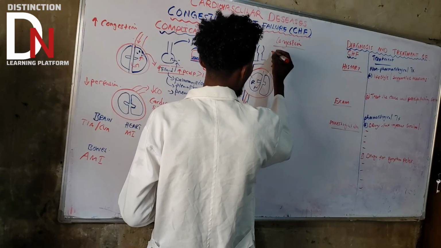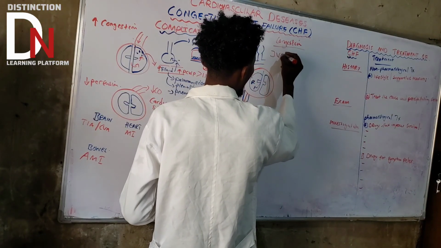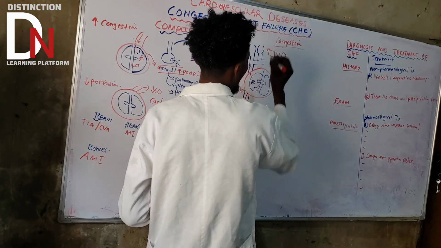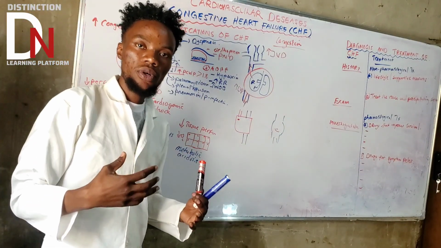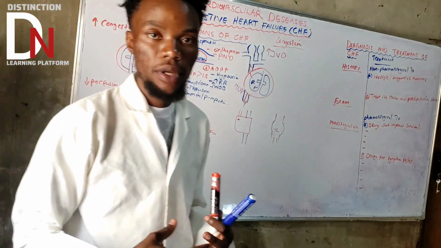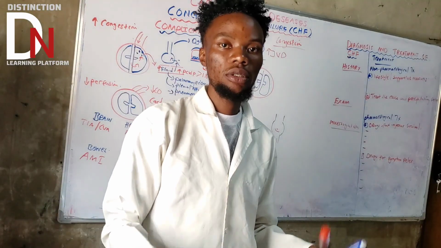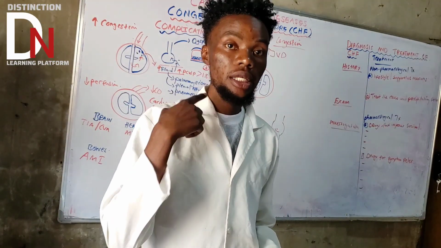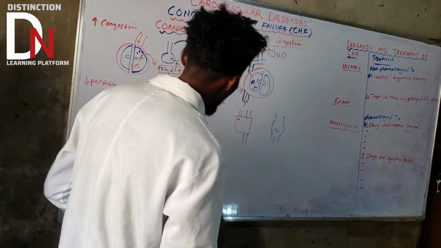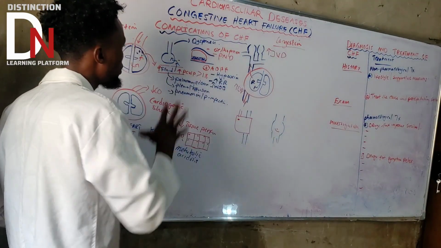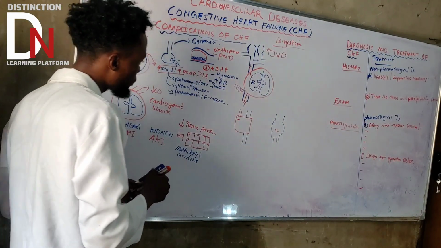You are going to see jugular venous distension, JVP. The moment you see that, the cause will be right-sided heart failure. But sometimes biventricular heart failure can also cause an increase in the jugular venous distension.